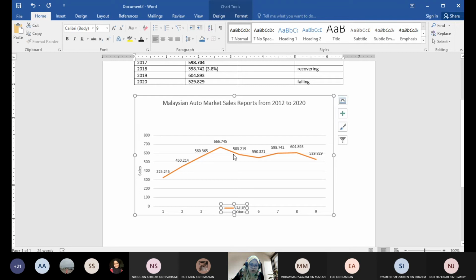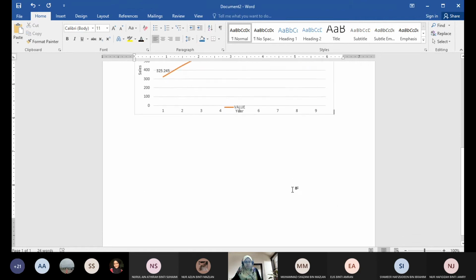And then value ni depends on year. Nilai dia antara 600 to 700, kita banyak perpuluhan, so it is good if you can include the exact number in every point dia.